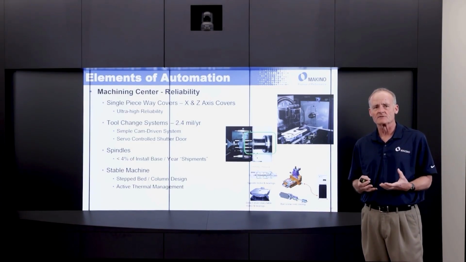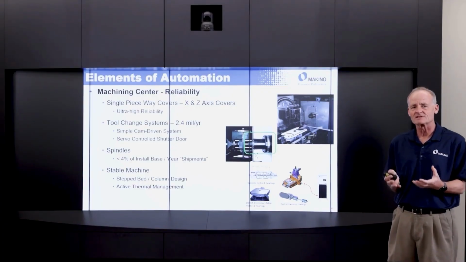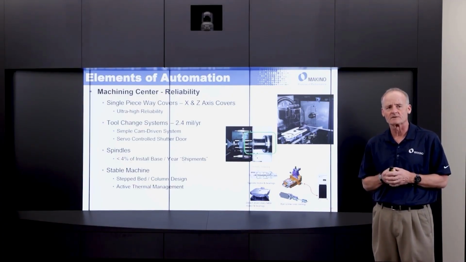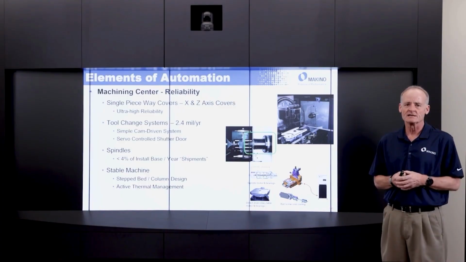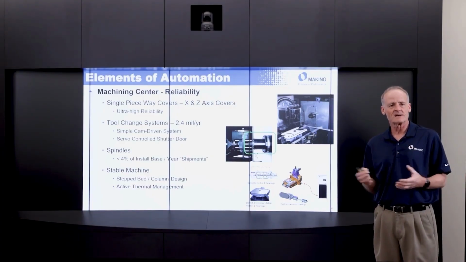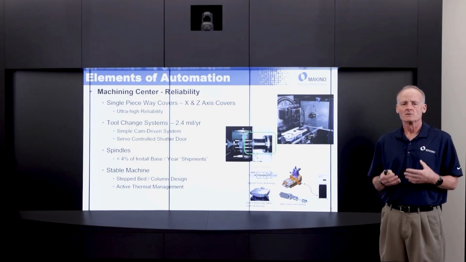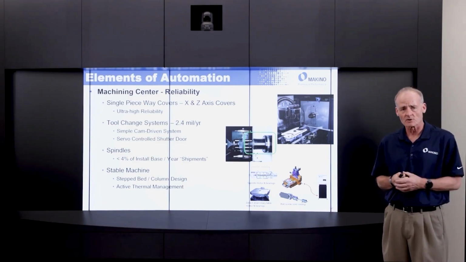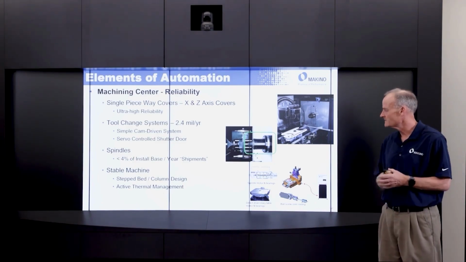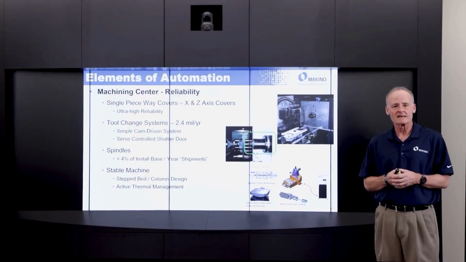And then the stability of the machine, because you want to have a stable process. So we've got the step bed and column design that adds rigidity to the machining center, which adds stability to your machining process. And then our active thermal management system.